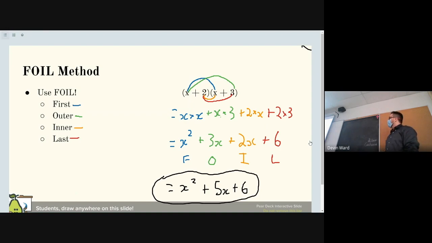So FOIL: first, outer, inner, last. Do the first two terms of each binomial, the outer two terms, the inner two terms, and then the last two terms. FOIL, you're going to get good at that over the next couple of days.